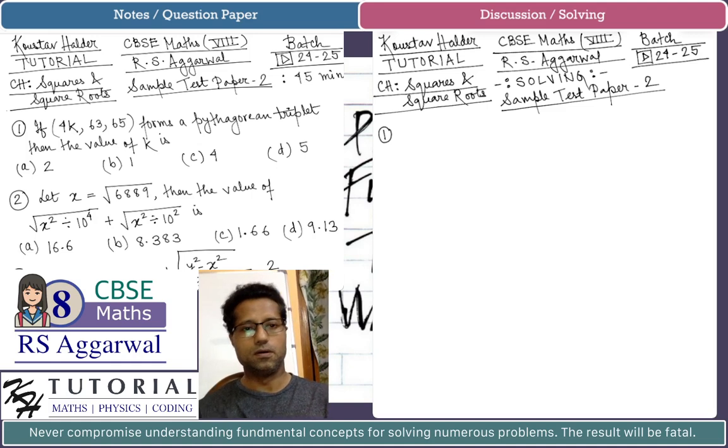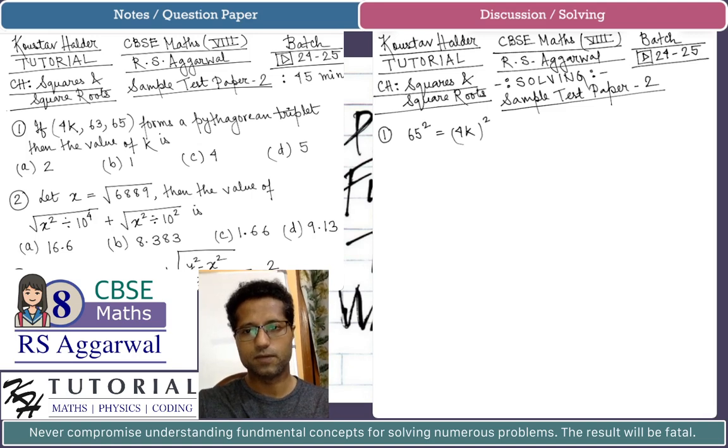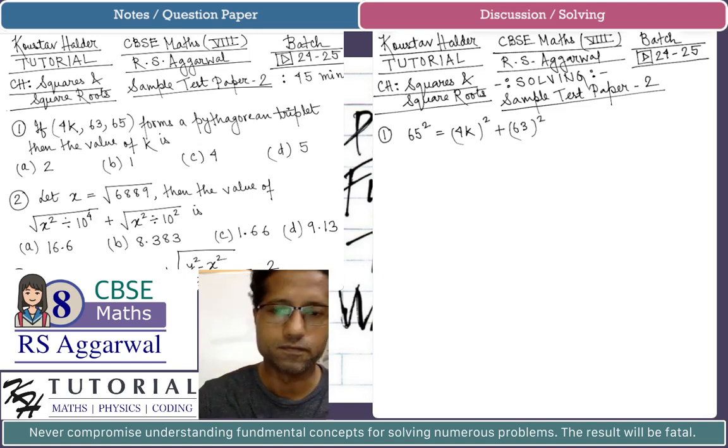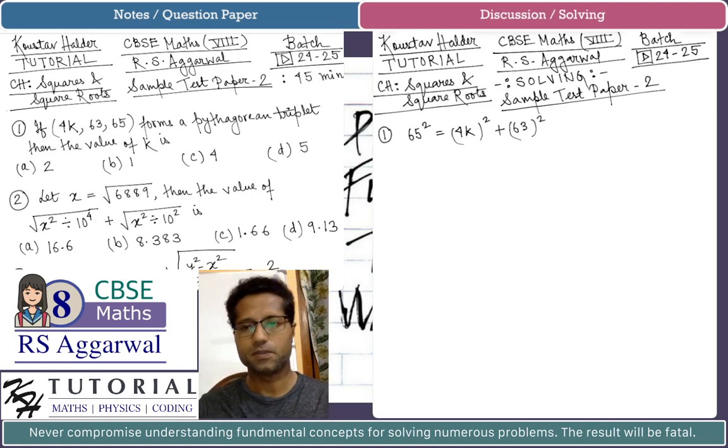Okay, so we know the definition of a Pythagorean triplet is that if 4k, 63, 65 has to be a Pythagorean triplet, we must have 65 square equal to (4k) square plus 63 square. That is, the sum of the squares of the first two numbers should be equal to the square of the third number in the triplet.